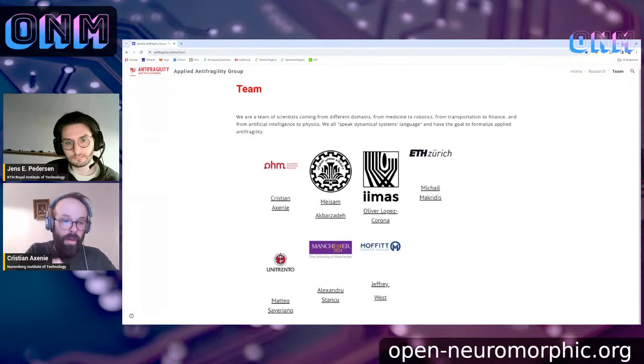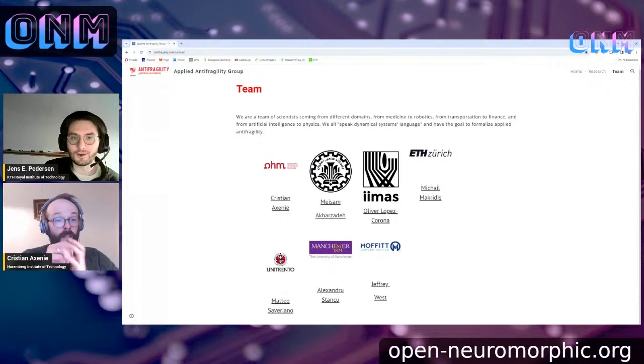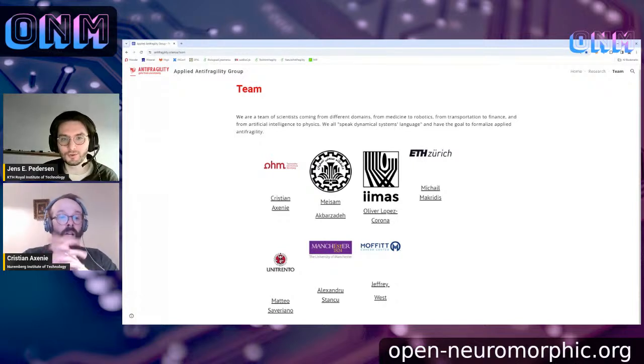I'll use them as a substrate, and then, of course, when it comes to execution and pragmatic aspects, I will use neuromorphic hardware to natively execute them. But my current investigation goes along the lines of anti-fragile control in neural networks. Okay, so really taking the concept from literature and pulling it into neural systems.